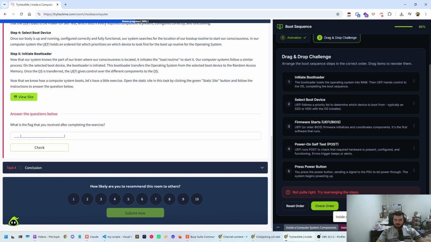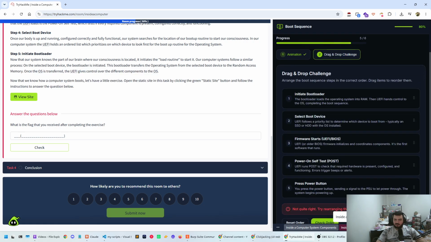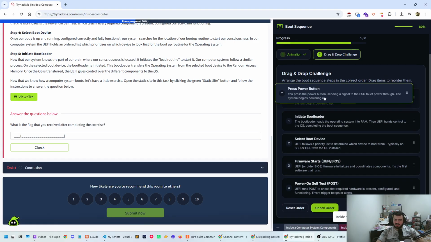Check order. Not quite right. Try rearranging the steps. Oh, sorry. Arrange the boot sequence steps in the correct order. So initiate bootloader, firmware power on self-test, press the power button. Once you press the power button, you have your select boot device, initiate bootloader.